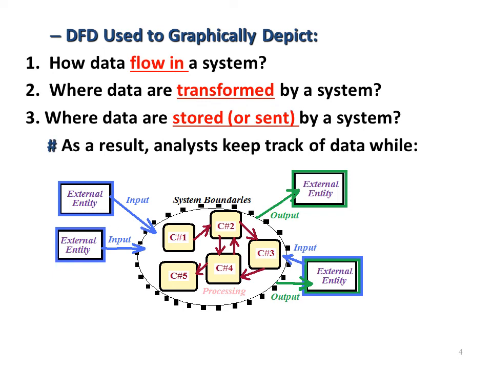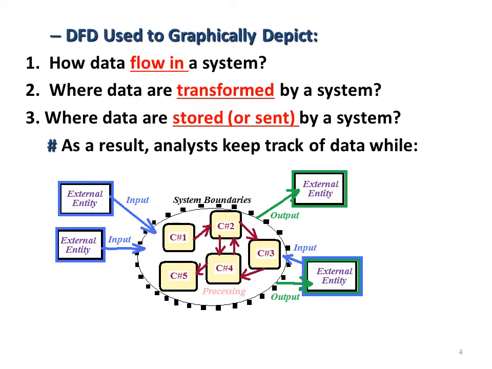A data flow diagram is used to show how the data is flowing in the system and where the data is going to be stored or transferred by the system. And as you can see here, these are the system boundaries.